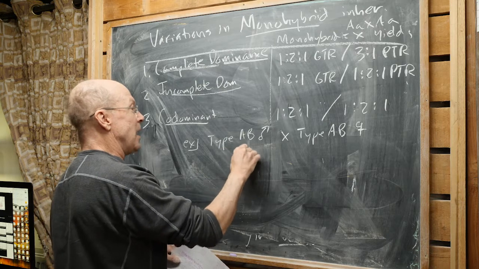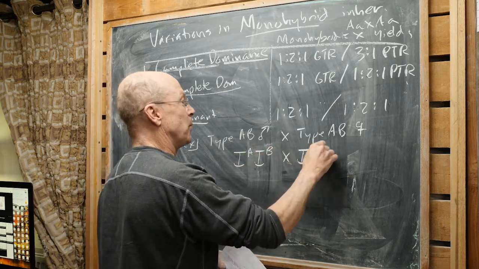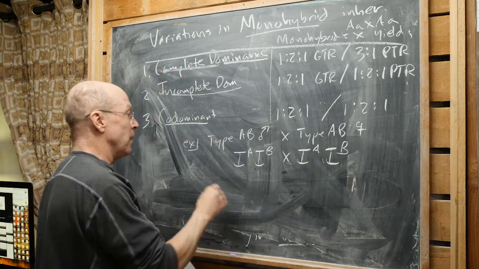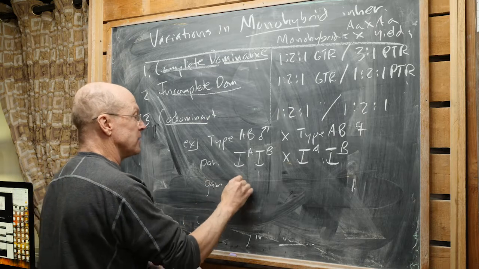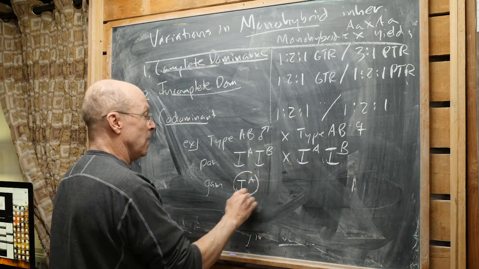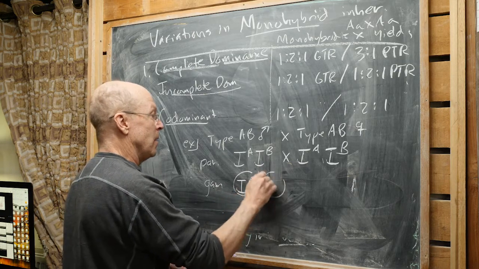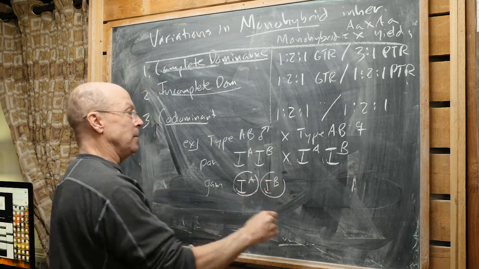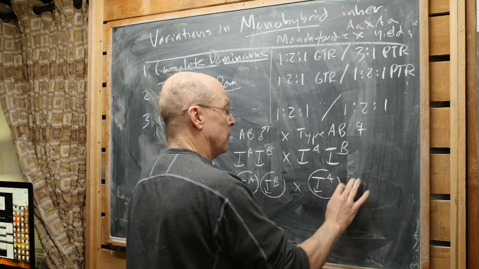The cross is I super A, I super B, crossed with I super A, I super B. These are the parents of the cross. The gametes of the cross would be 50-50, half of them from this parent being A, half being B, crossed with the same.